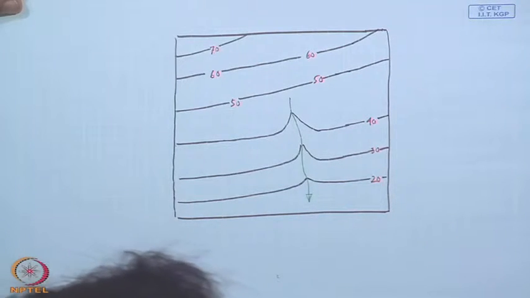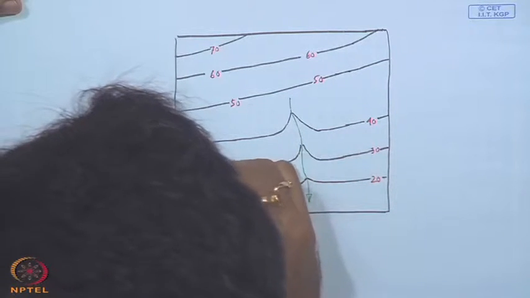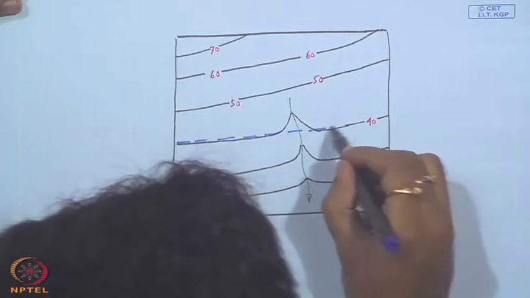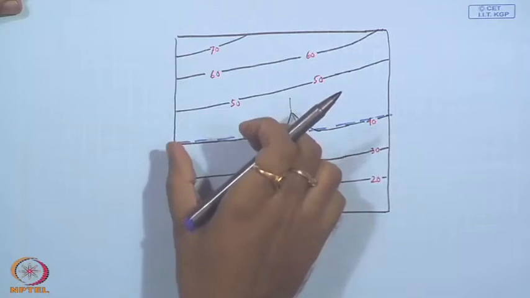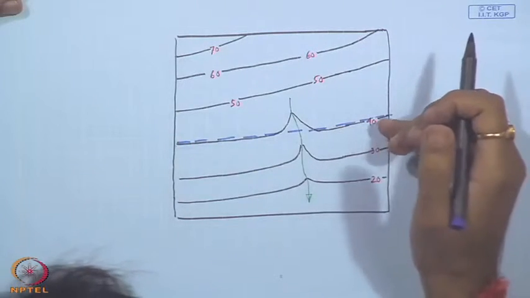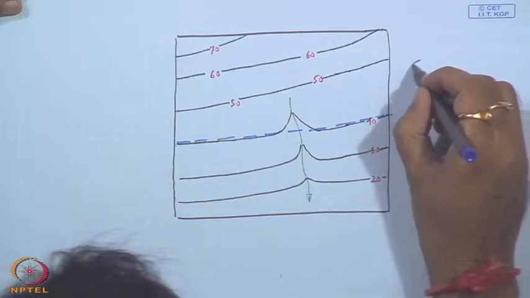Now, if we draw one arbitrary line here, we will see that in the aquifer region your groundwater table is not deviating.